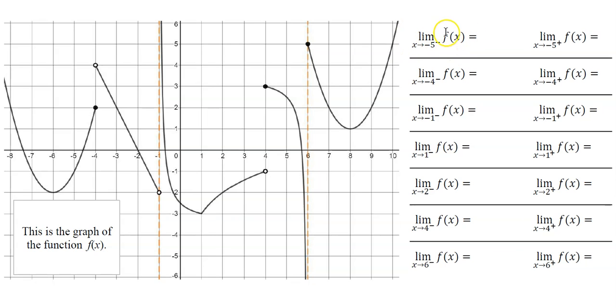So let's do this first one here. What is the limit of f of x as x approaches -5 from the left? Okay, well, all we have to do is go to -5 from the left. Maybe I'll go to -6, and go up or down to where the graph is. I want to follow along the graph until I get to -5. So moving from the left, here we go, here's -5. I'm approaching -5, and boom.